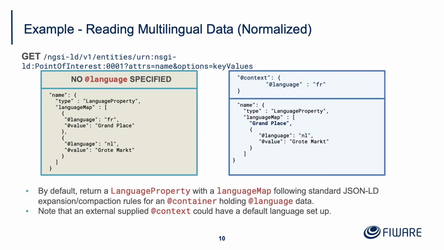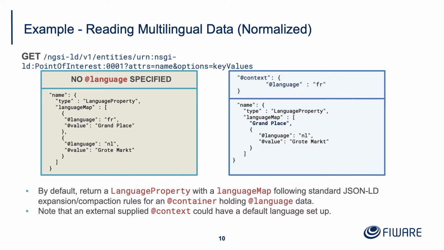If you remember, the link header will usually say, as far as I'm concerned, I'm using this particular map of the world, this particular definition of elements, and you can, in your @context, specify a language. So you can see, according to JSON-LD rules, if I just say, give me the key values, it will by default say @language and @value for each element.